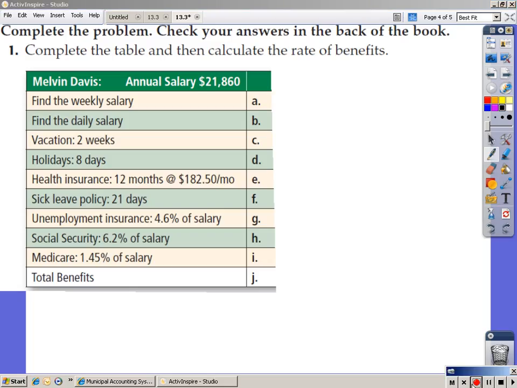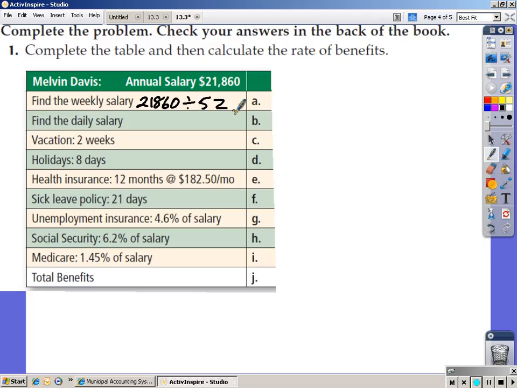Let's look at this. Like I said, this one was a little different than the first example. The first example only asked you to find the rate of benefits. On this one, it wants us to find everything. To find the weekly salary, if this is the annual salary, 21,860, there are 52 weeks in a year.